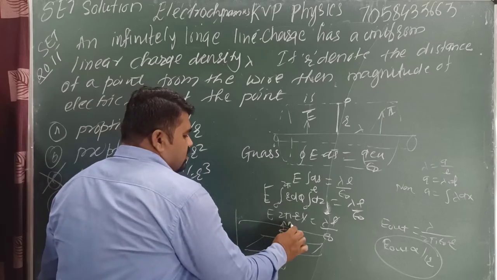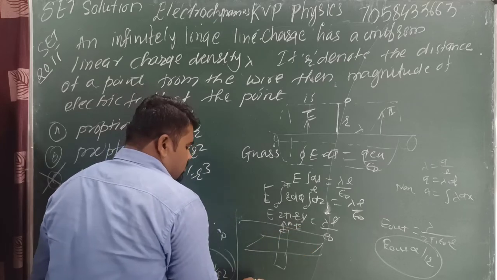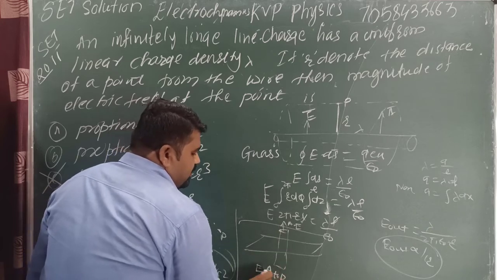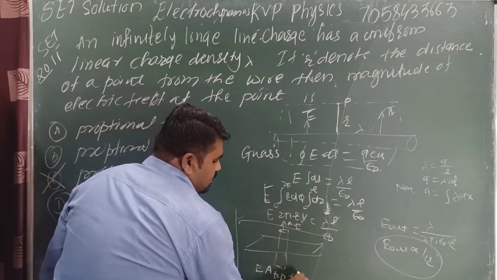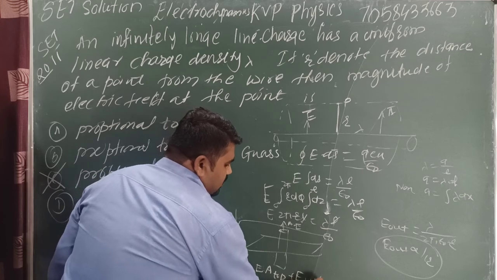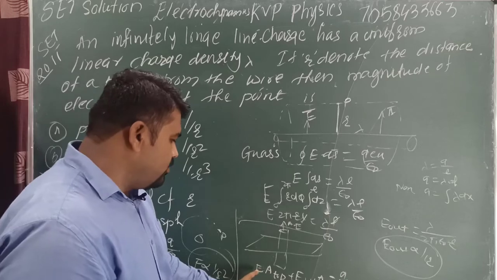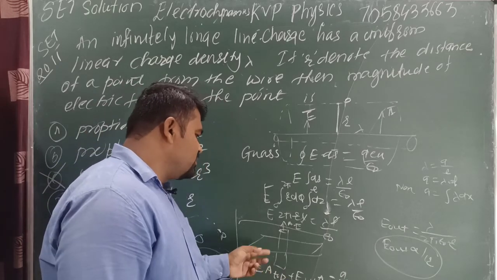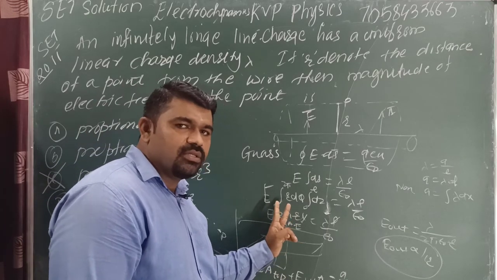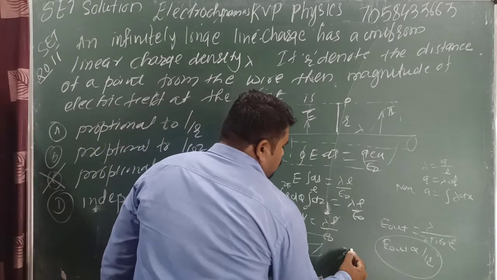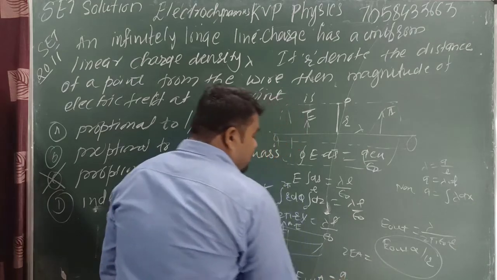Means A bar in the direction, E bar also in the direction. So for the top surface EA, bottom surface EA is equal to Q by epsilon naught. Why can we take EA plus EA? Because the angle between them is 0. It's simply EA plus EA, 2EA.